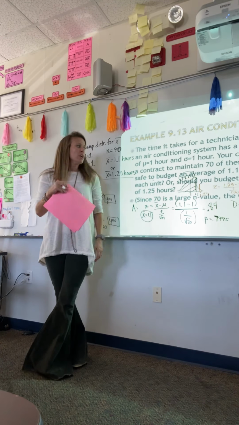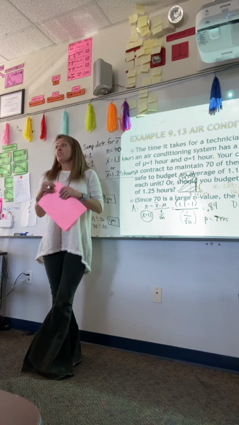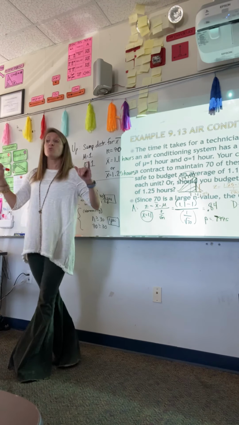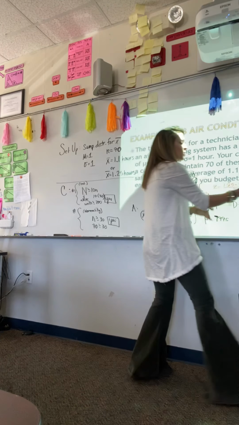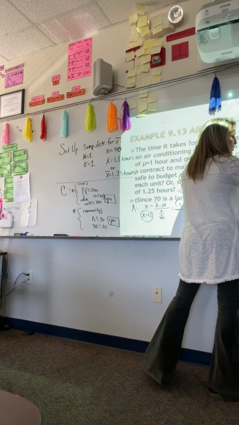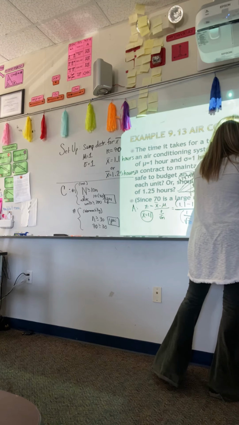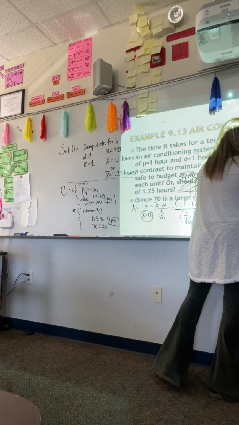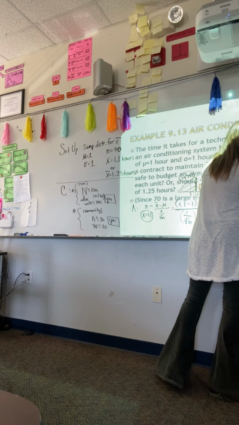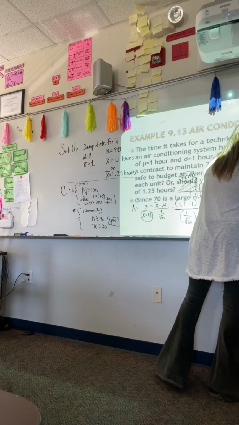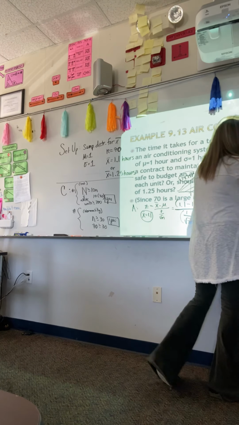An hour and a quarter. If you budgeted that much, then 98% of the time you would be able to complete the jobs. Okay, so I would also need to write a decision for that, right? So 98.17% of the time jobs could be completed in 1.25 hours or less.